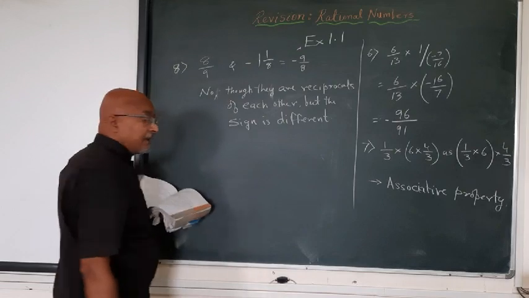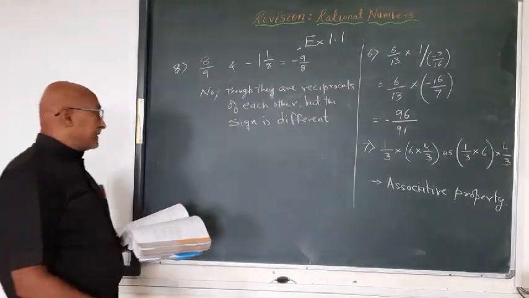If the signs are the same, then they have the multiplicative inverse, otherwise not.